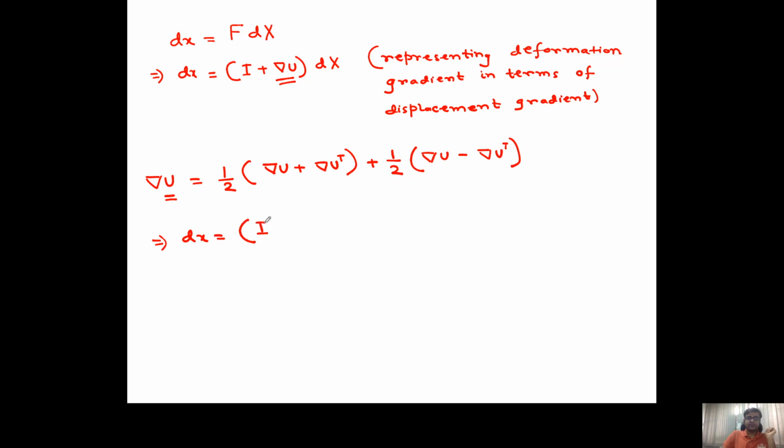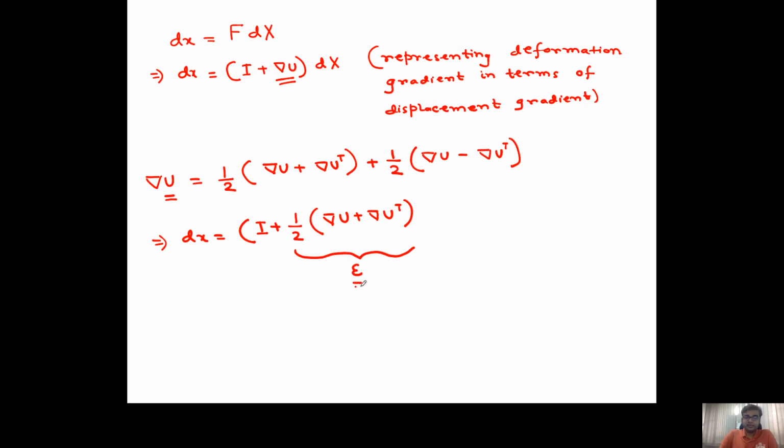That yields dx is equal to I plus half of grad of u plus grad of u transpose. Remember that this term is your strain tensor, so this is basically your epsilon.